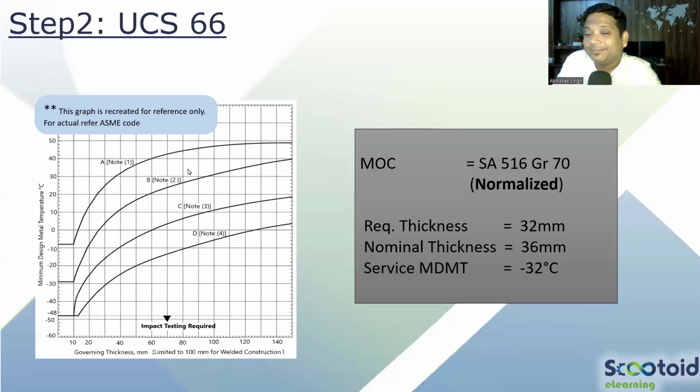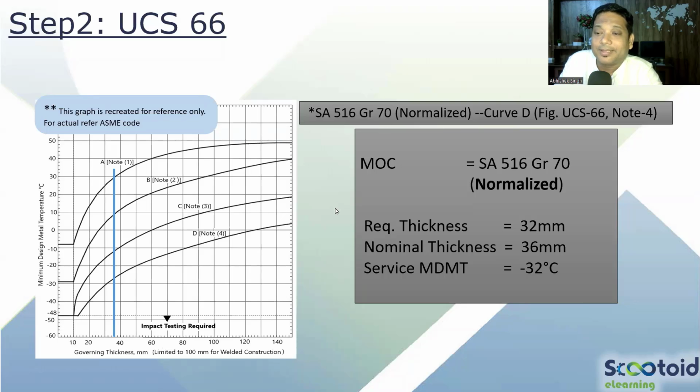Now, by looking at the curve, can you give me the MDMT value for 36 mm? An approximate value is also acceptable. Minus 27, minus 29, roughly that, right? If we try to draw the curve, 36 will lie somewhere here, and if we match with curve D, roughly we are getting close to minus 27, 28.